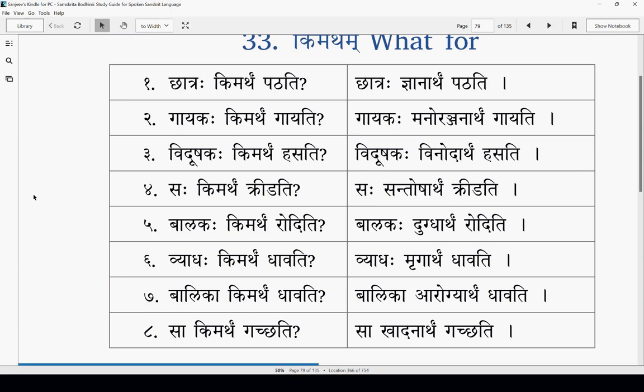Here Mruga is not receiving anything. When we said Pustakam Chhatraya Dadati, the Chhatra is receiving that. Dhavati is actually just running. Dugdhaya Roditi, Balaka Dugdhaya Roditi. There may not be any receiving action here. This is just for the purpose of, for that reason the kriya is being done.